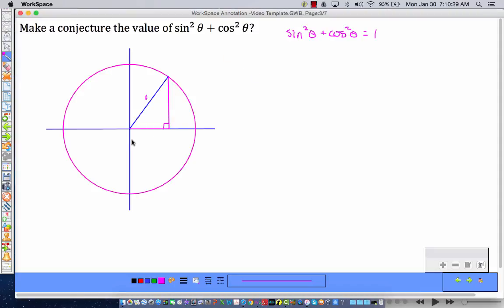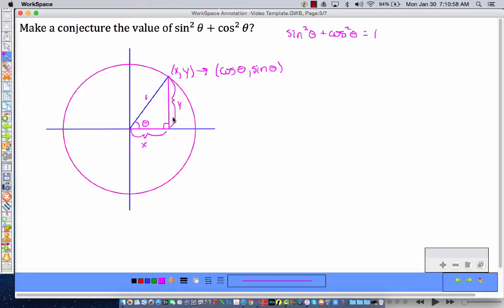And remember, this is our x value, and this is our y value. So we have the coordinate (x, y), which we already know is equal to (cosine theta, sine theta), if I call this theta right here. They are equivalent. Those are my ordered pairs.